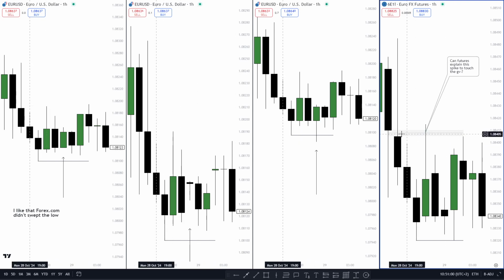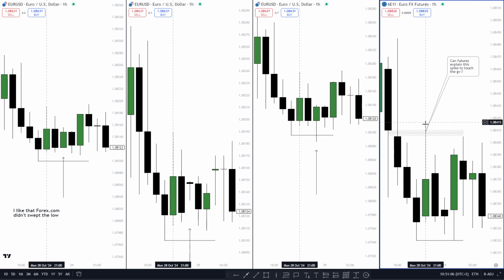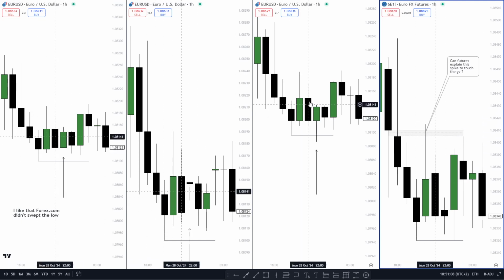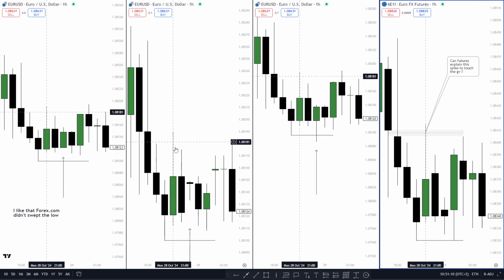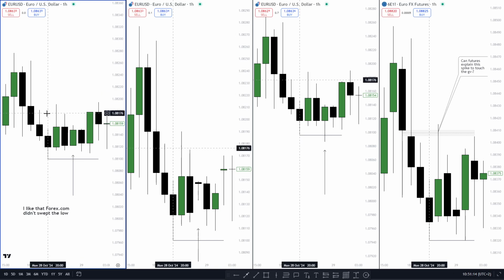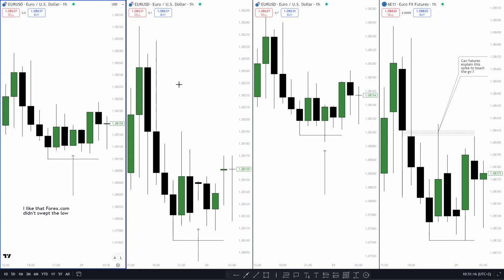And another thing here, you can see on the futures how this week spiked here, and you can't explain this. I don't know. It mitigated this candle.